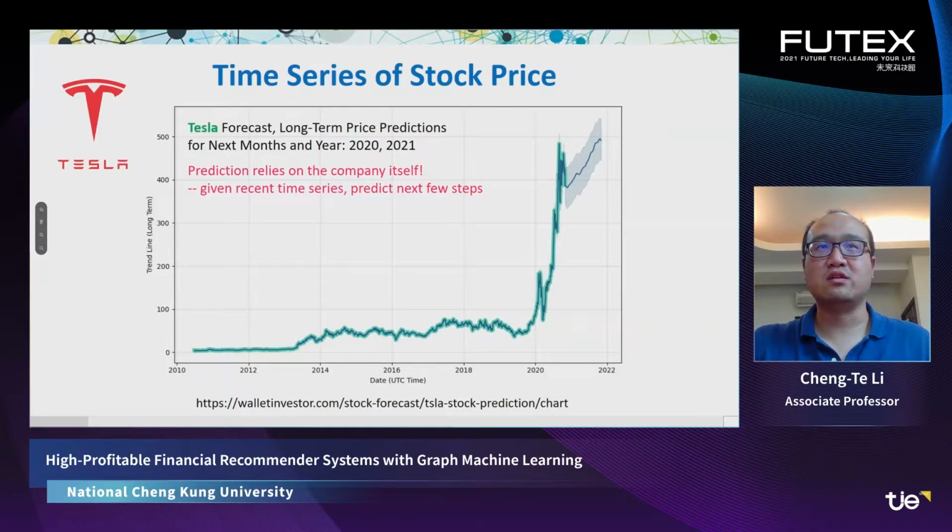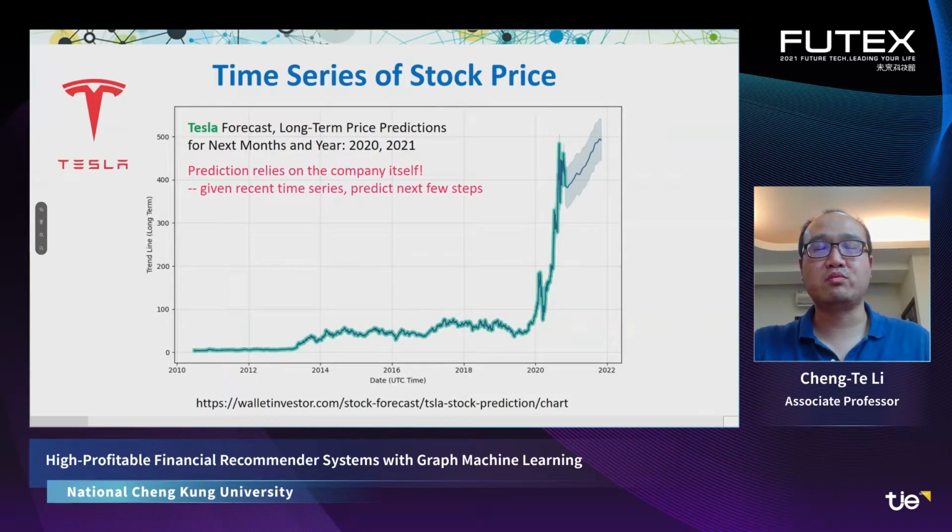There are two difficulties or challenges we are trying to solve in this problem. The first one is that the stock price is a kind of time series data. For example, we have Tesla as a company here, and we can see its historical time series.